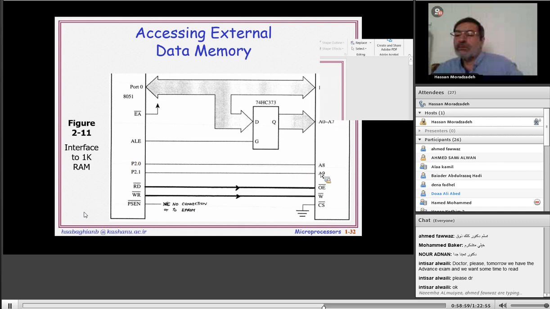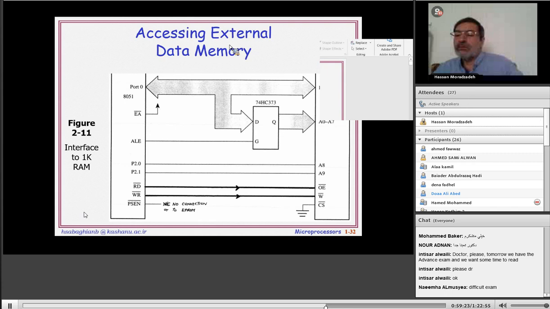Mr. Entisar? About a quarter. Okay, that's right. About a quarter.